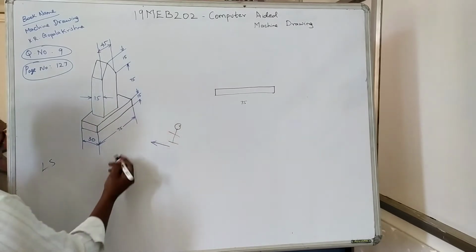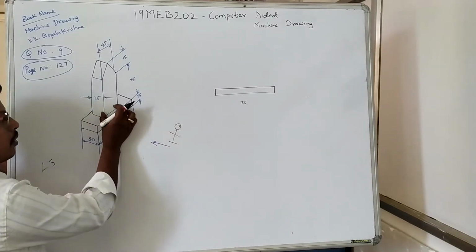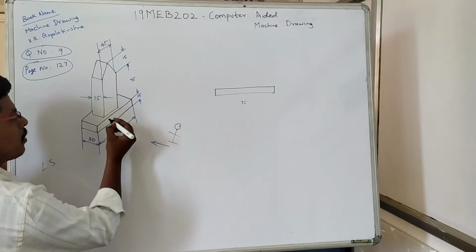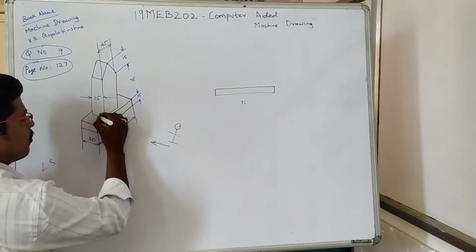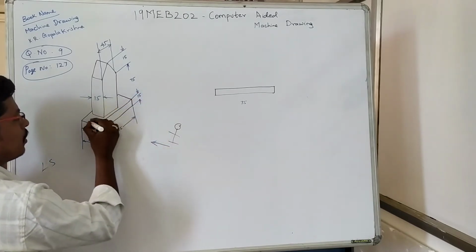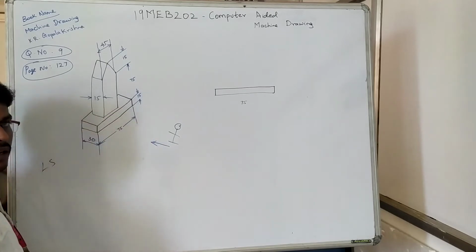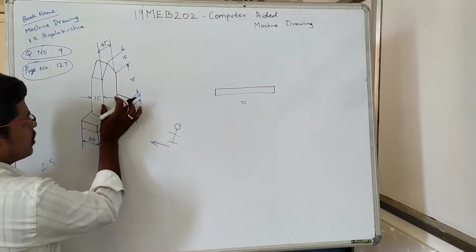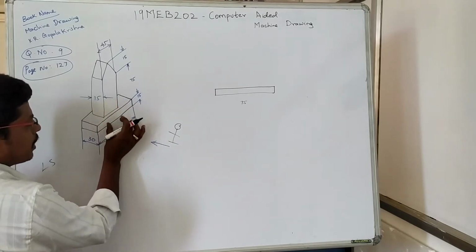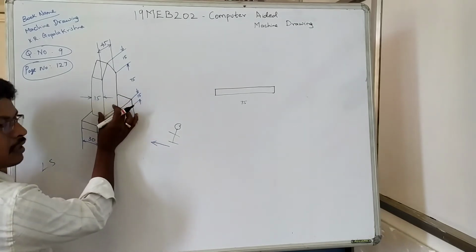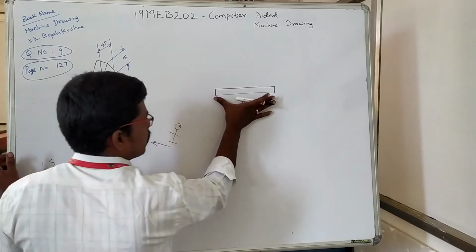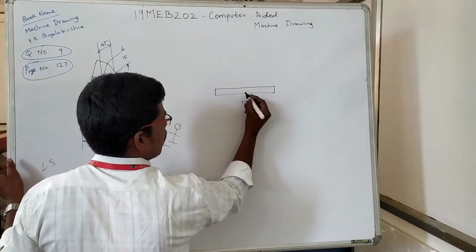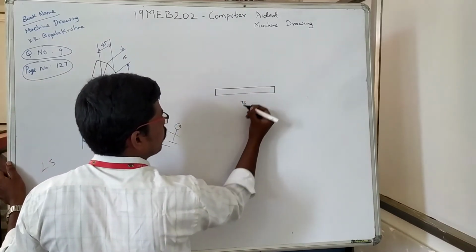Now I am going to draw this part, and there is no mention of measurements from here to here. There are no indications of any measurements, so I am assuming that this part occupies the exact center of the 75 millimeter length. So the exact center point is 32.5.